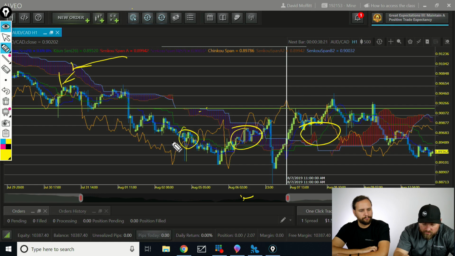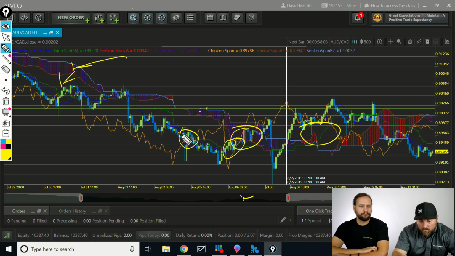You've got a crossover here, and a crossover here. When those lines cross over, there's a good chance that there's going to be a change in direction. So if it's below the cloud and they cross over, you could be looking for a buy signal. Or above the cloud and they cross over, you could be looking for a sell signal.